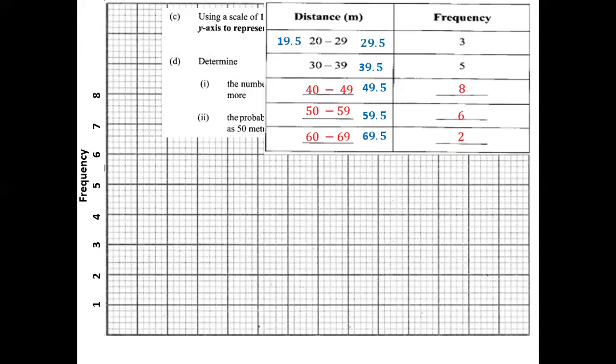That is why we need a class boundary for a common point for those bars. So if you notice, 29.5 is the upper boundary for the first class. It is also the lower boundary for the second class, because if you take 0.5 from 30, you're going to have 29.5. And as such, we will label starting with the lower boundary, right?